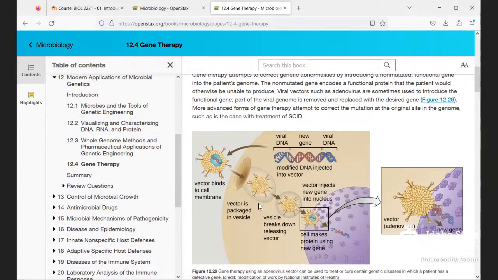So in this case, this adenovirus targets these respective cells, gets brought into it, and then deposits the gene that's been manipulated into this cell, right? And now it's able to go through the process of transcription and translation, and you get the proper product. We've made a cure, right?